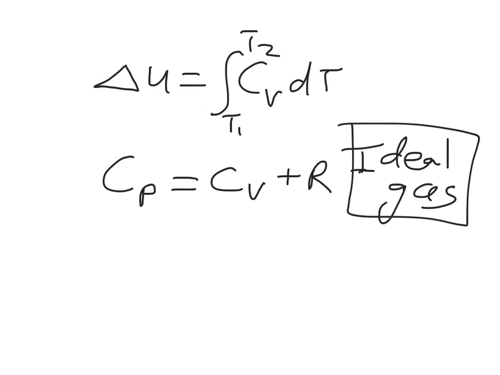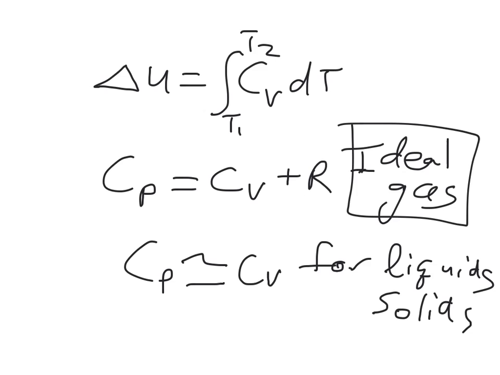Let me mention one other thing: oftentimes for solids and liquids, Cp is approximately equal to Cv. When we're dealing with liquids or solids, they're basically the same thing, whether we're at constant volume or constant pressure. We take one or the other and use that for calculating changes in internal energy based on temperature changes.